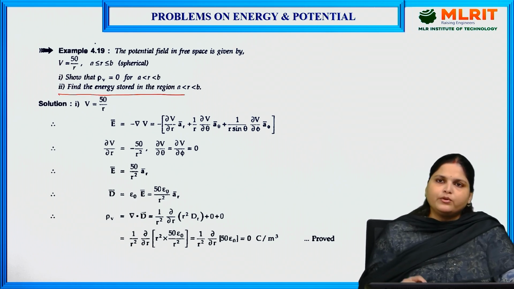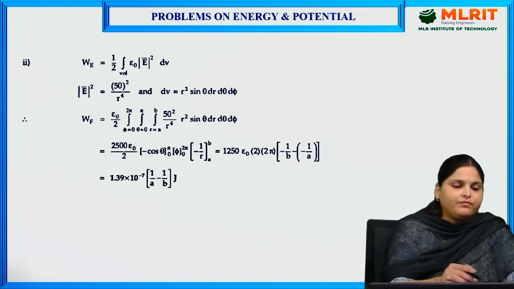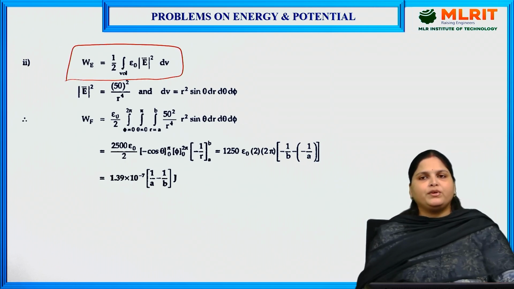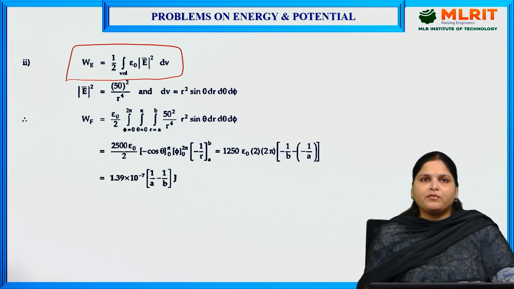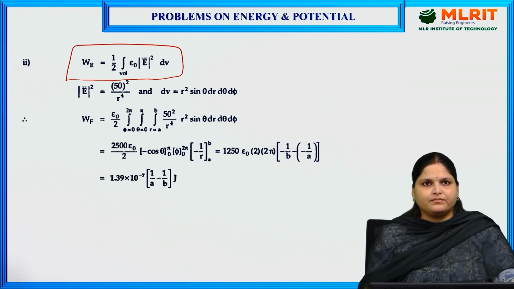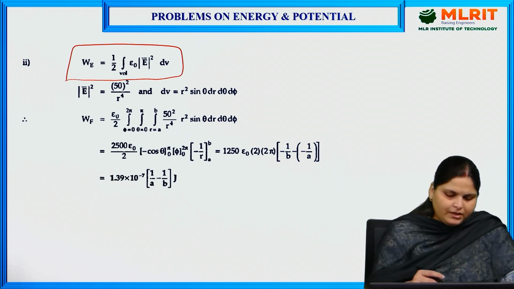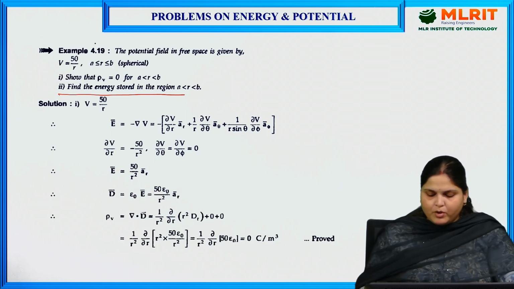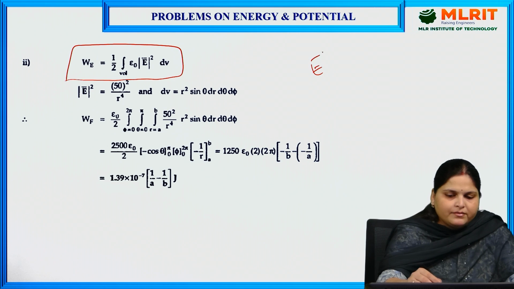Now here we will use the energy formula, and the formula is We equals 1 by 2 integration of epsilon naught mod of E square dV. Now let's see, E we have already calculated as 50 upon r square aR.